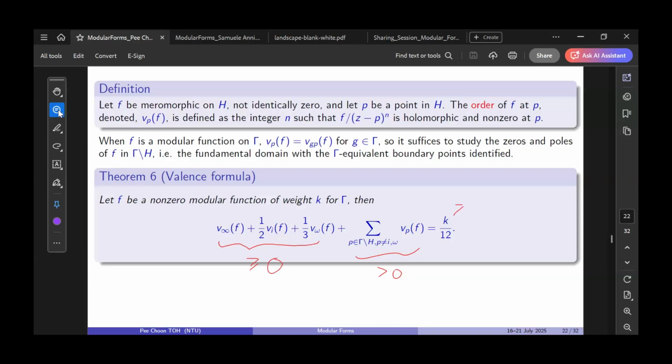If we want the weight to be 0, then the right side is 0. This will create a contradiction, because we have something that is at least 0 plus something that is more than 0 equal to 0, which is a contradiction. This is why we have it.